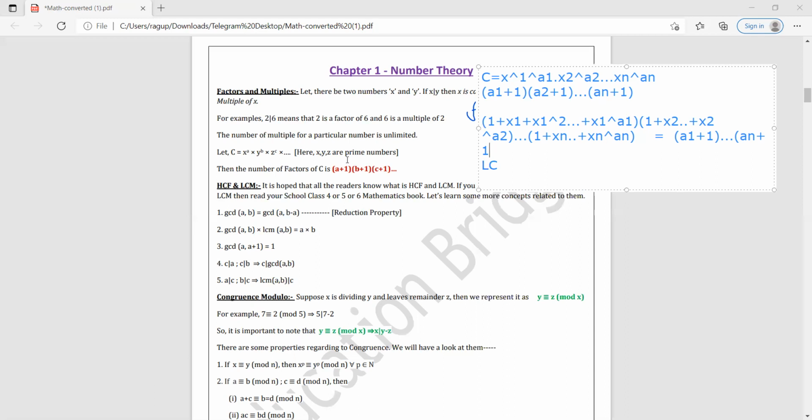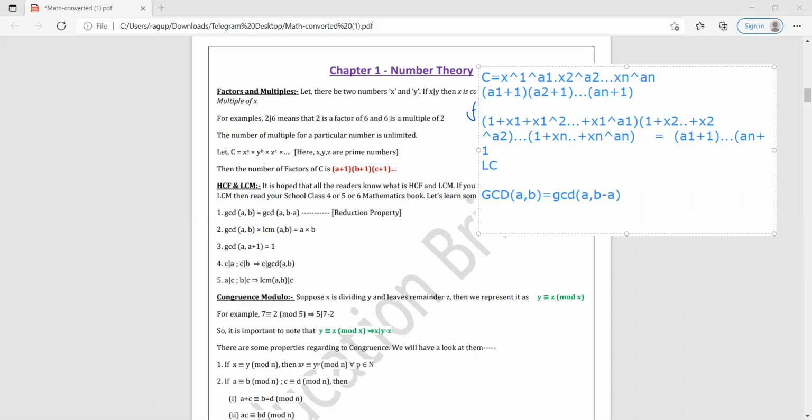So now let's move on. Now this is very basic. GCD of A comma B is GCD of A comma B minus A. This part is a little bit difficult to understand.